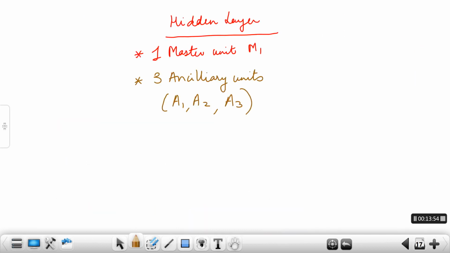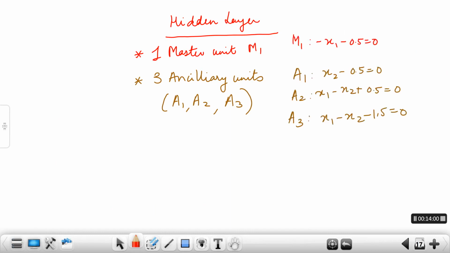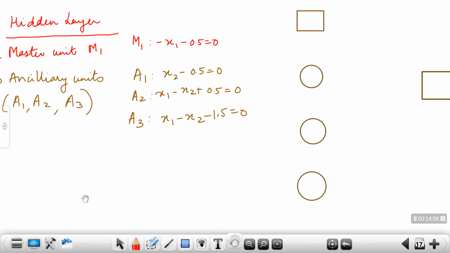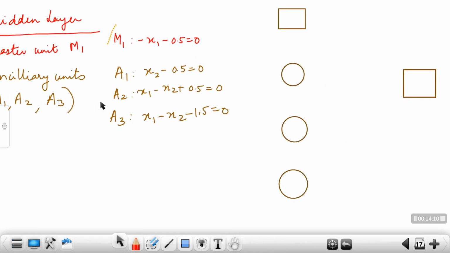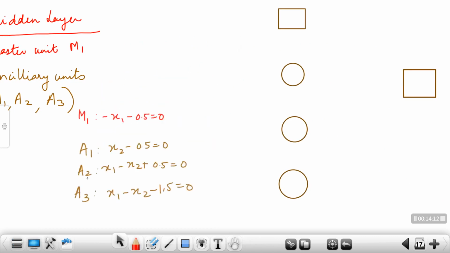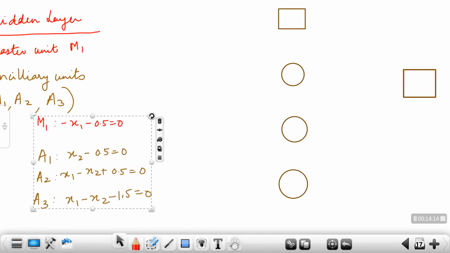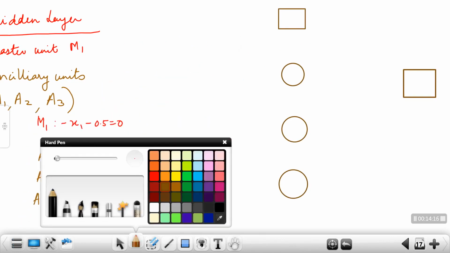So in this particular case, we have seen that there is 1 master unit and 3 units. So these are the equations for M1, A1, A2 and A3, which we have got. Now we shall draw the neural network with the help of these equations. So the first, how many inputs are there?